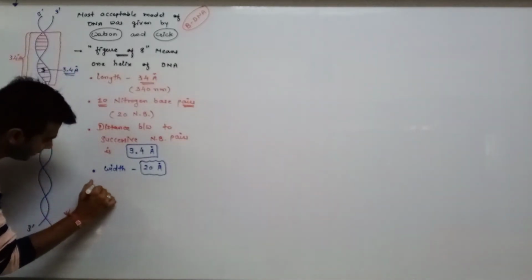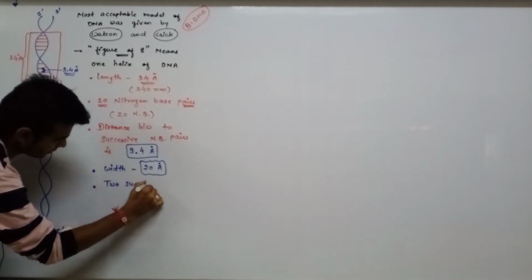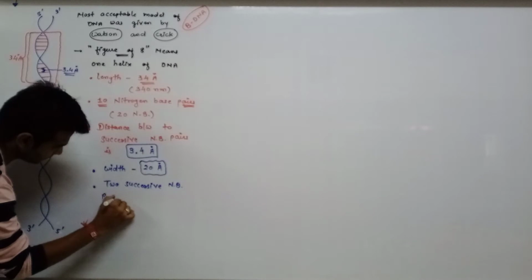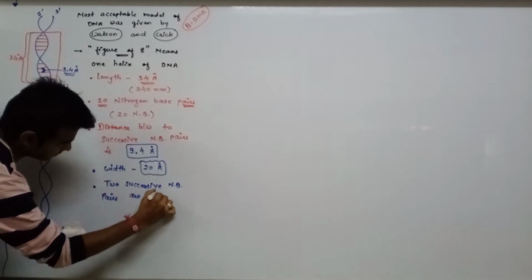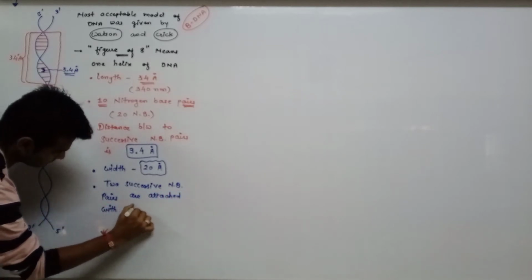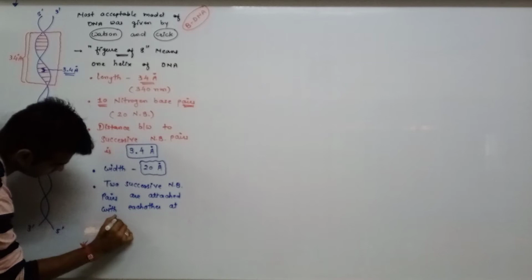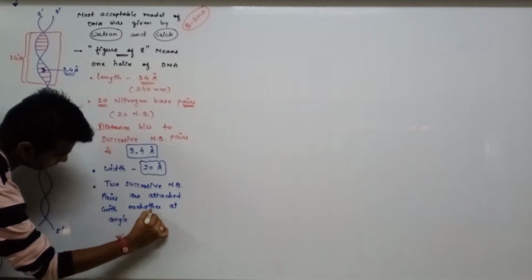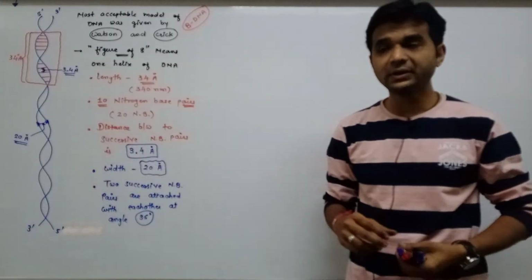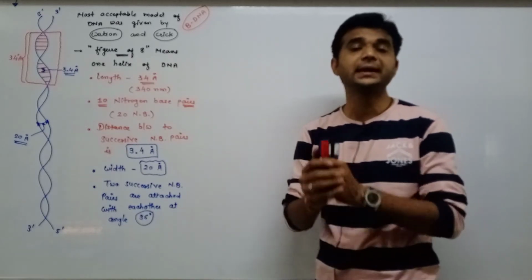Now, this is a very important point. Two successive nitrogen base pairs are attached with each other at an angle of 36 degree.